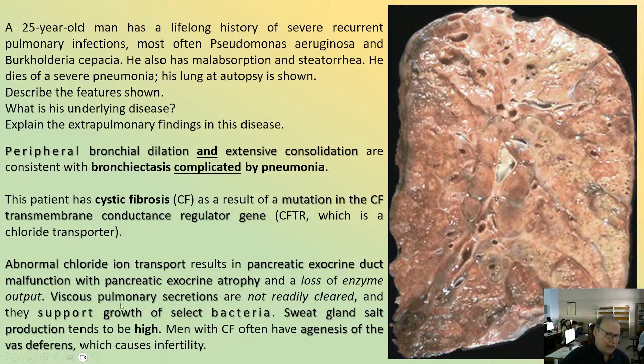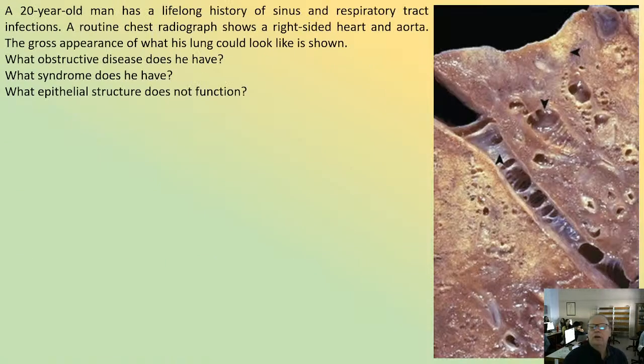And as far as the lung is concerned, in cystic fibrosis, viscous pulmonary secretions are not readily cleared, and so they support the growth of select bacteria, which cause this recurrent inflammatory process in the bronchi wall, which resulted in their dilation and the consolidation of the adjacent lung parenchyma. So bronchiectasis was complicated by pneumonia.